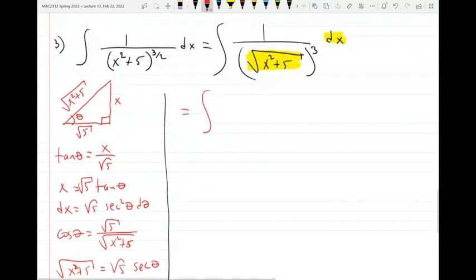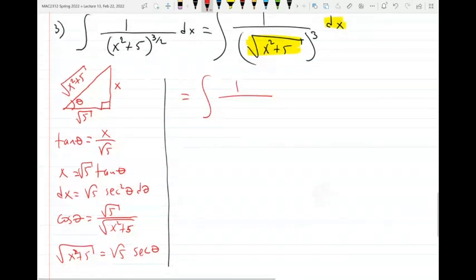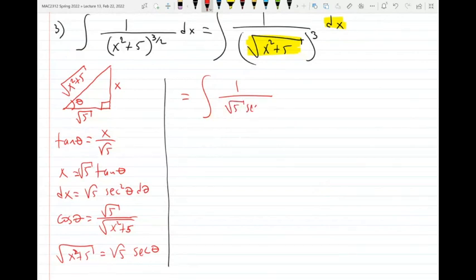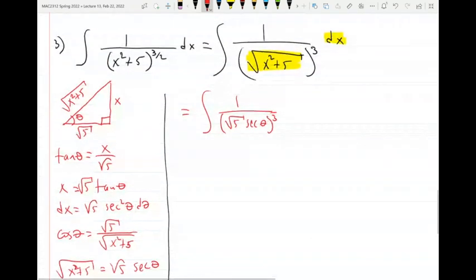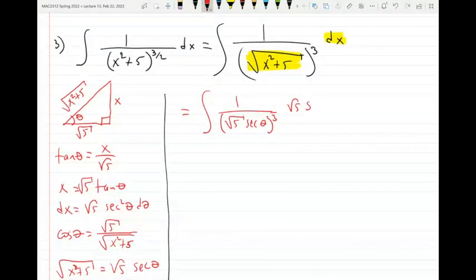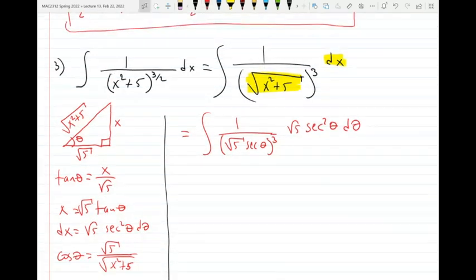So the integral becomes 1 over, let's see, we have a radical, which is square root of 5 times secant, but then we need to cube this. And then dx, that was square root of 5 times secant squared d theta. Yes? I'm just replacing what we have. So let's do some simplifications here. Square root of 5 cubed is the same thing as saying square root of 5 times square root of 5 times square root of 5, 3 times.